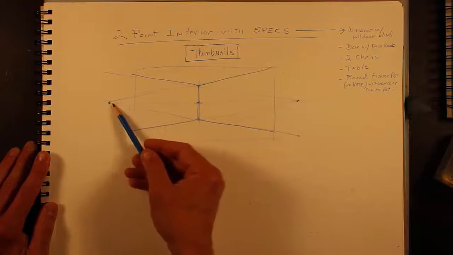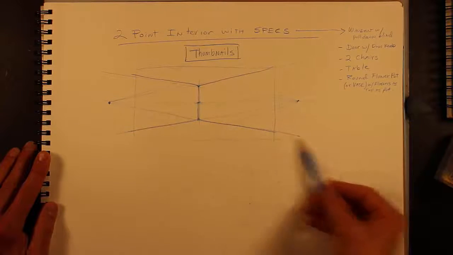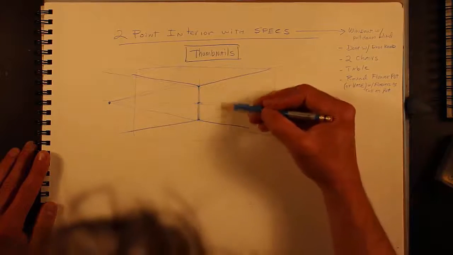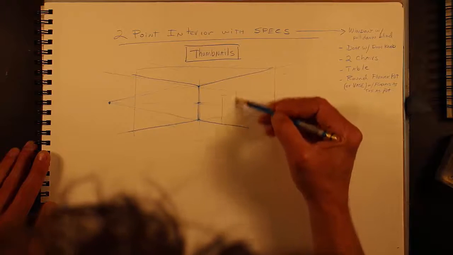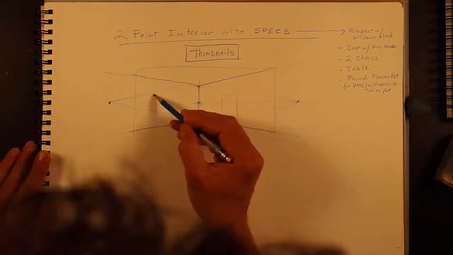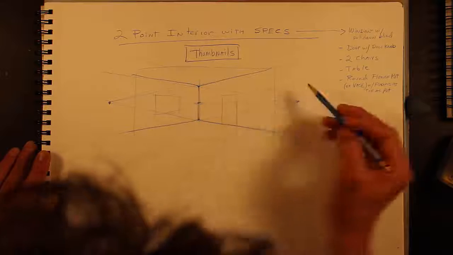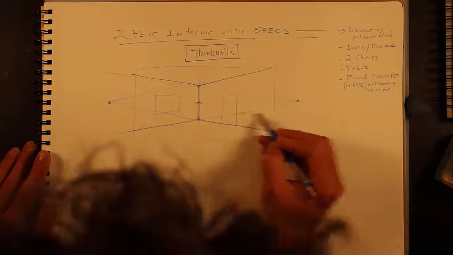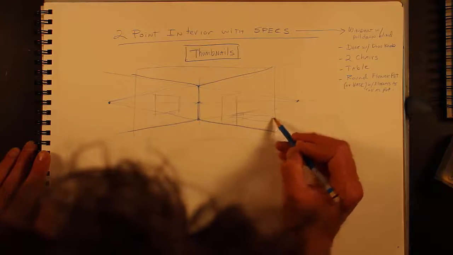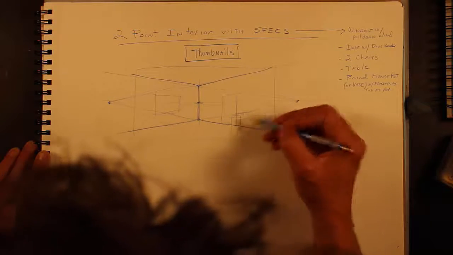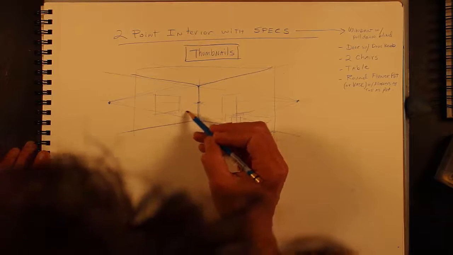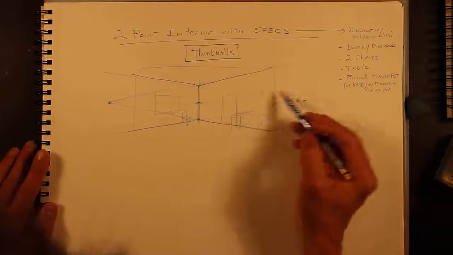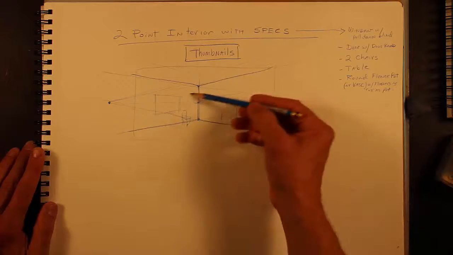And then you're plotting your points through that, and then you're populating this with a door and a window and a table with chairs, etc. So this is the crucial thing.